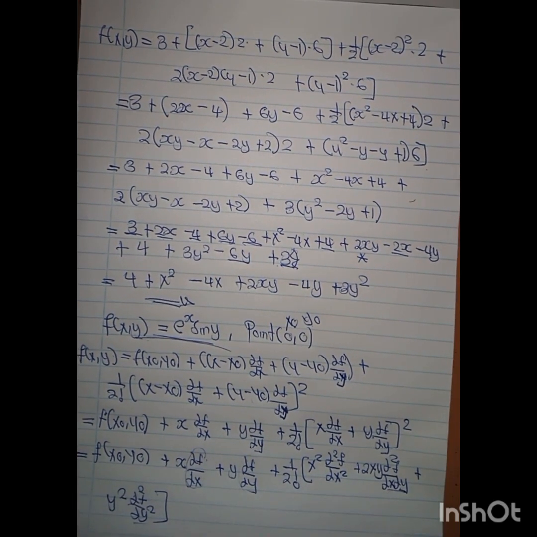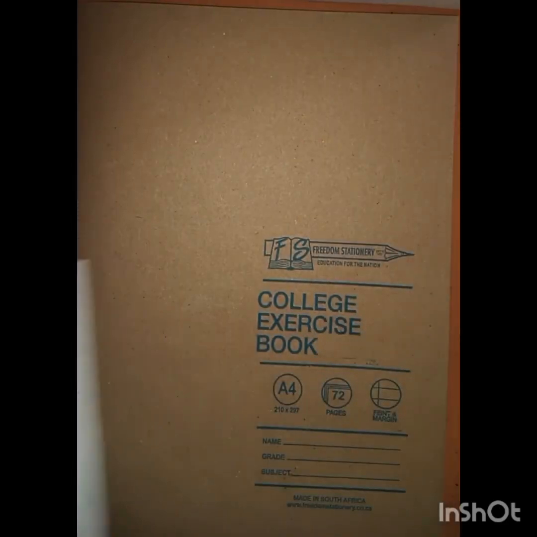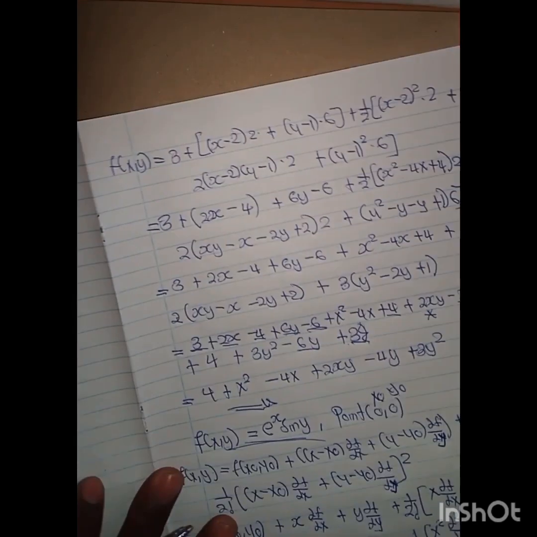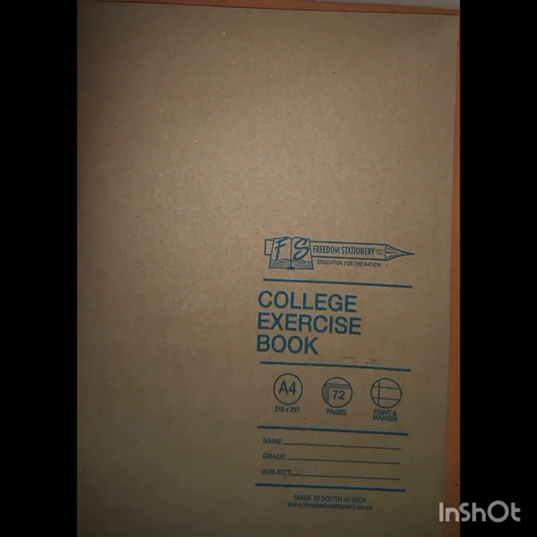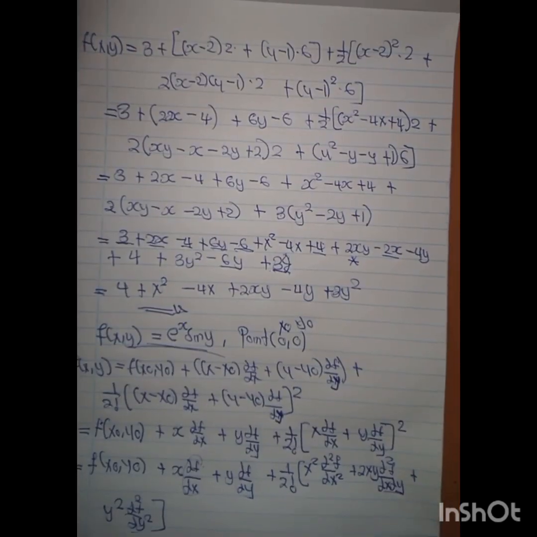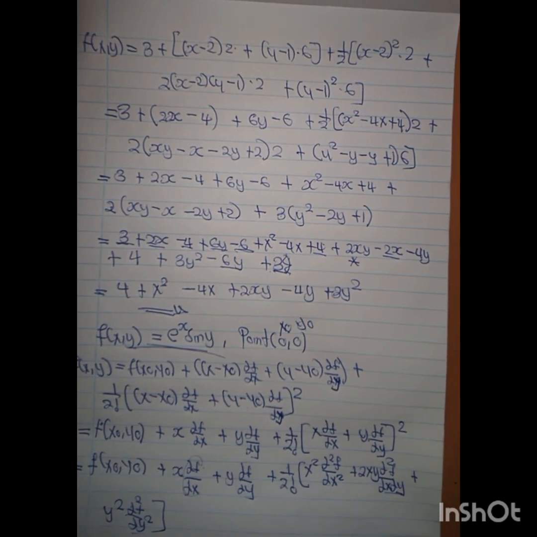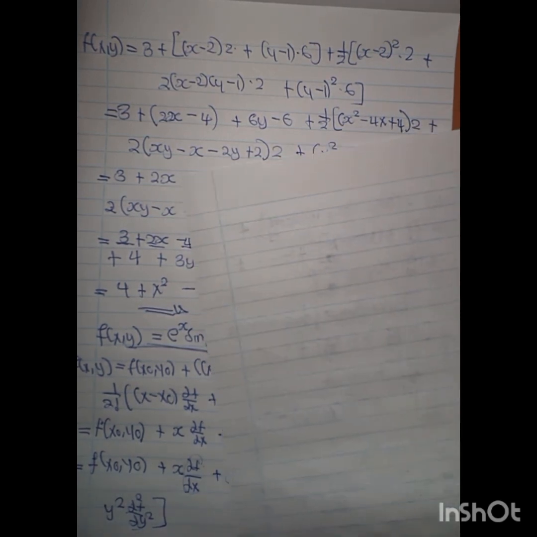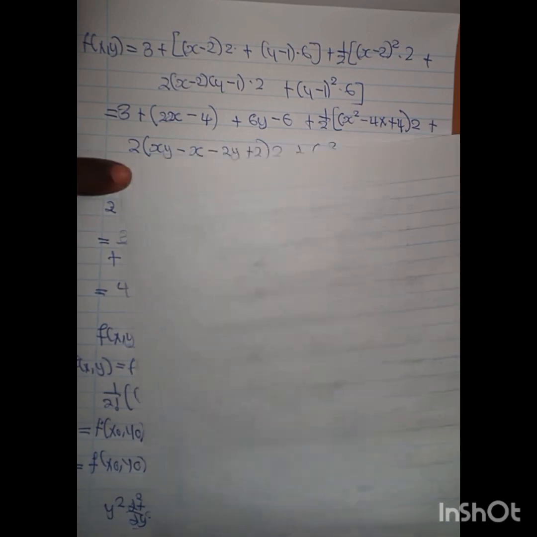So let us go and do as such. But now for the sake of space, let me do the following. I'll rewrite our equation because it's very important. We need it at this moment.